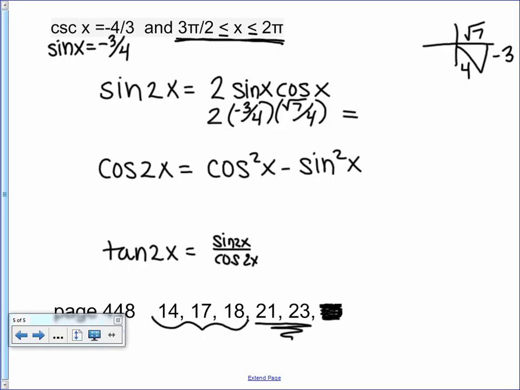The 2, the -3, and the square root of 7 are all in the numerator. That comes out to be -6 square root of 7 over 16, 4 times 4. But that's not the final answer because you can simplify the 6 and the 16. 2 goes into there, right? -3 square root of 7 over 8. Final answer.